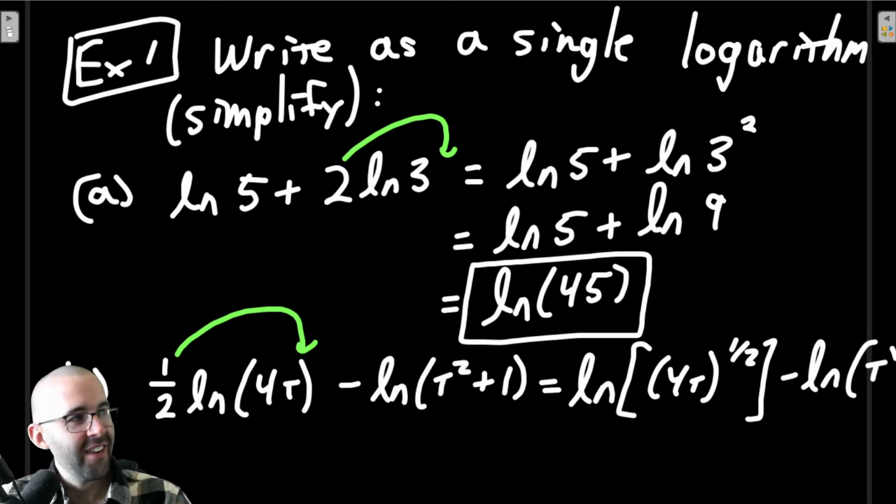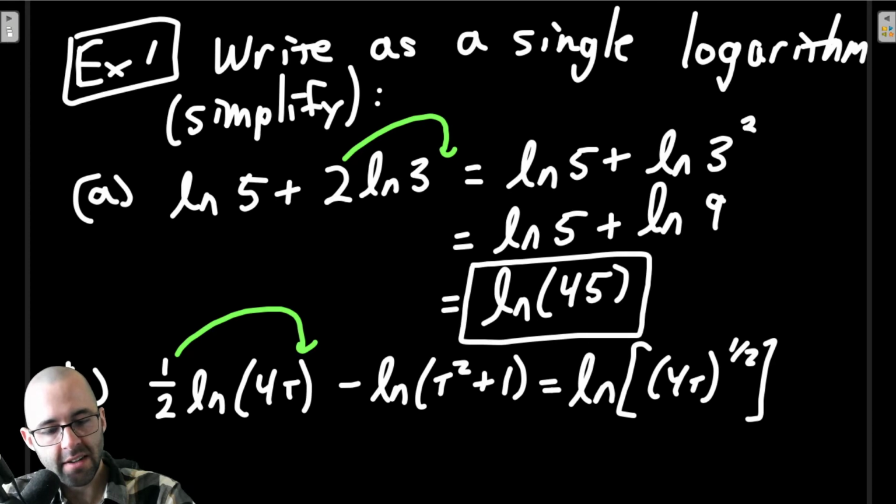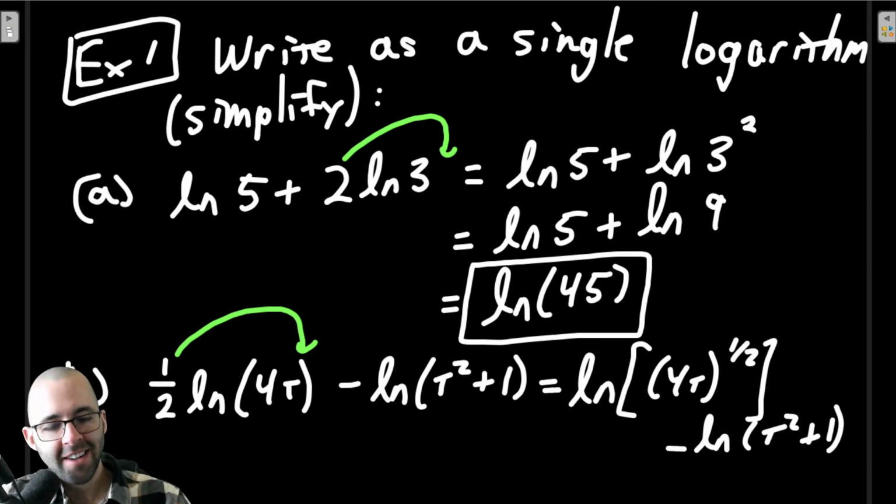And, oh, I didn't notice that my tablet just ended. That was the edge. We fell off the world. All right, so let's subtract the natural log of t squared plus 1, like so. Okay, I'm starting to write on my desk. Excuse me.